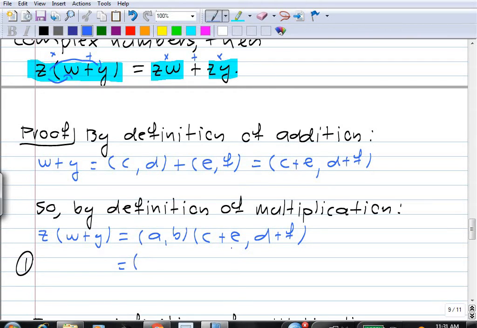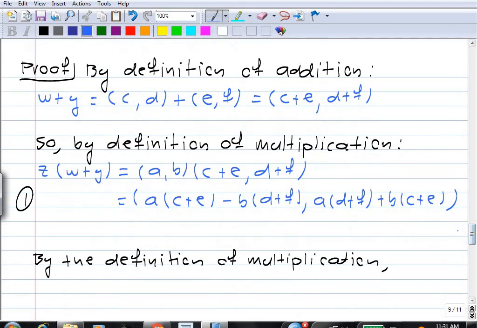So it's real times real minus imaginary times imaginary, and then it is real times imaginary plus imaginary times real. Okay, and now we can just use the arithmetic rules for real numbers to simplify this a little.